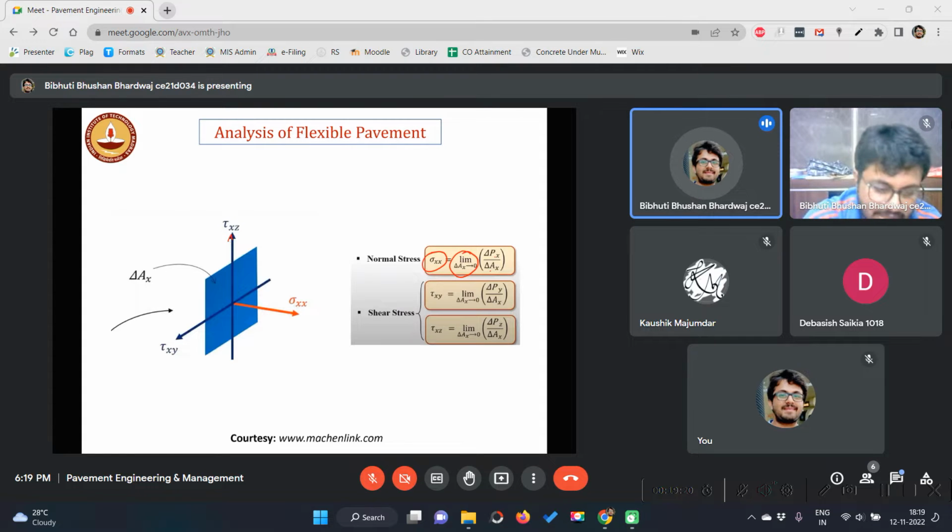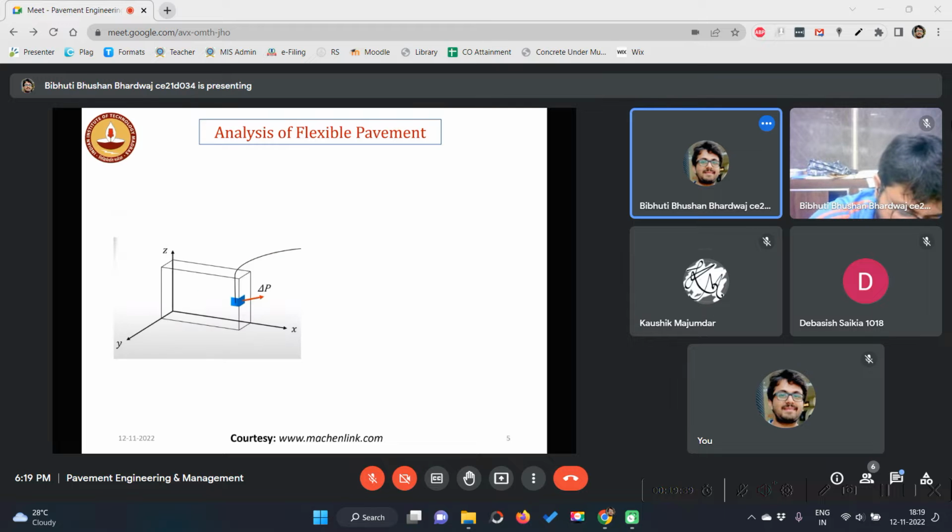Since we are taking an infinitesimally small area, we need to put the limit as delta Ax tends to 0, because this is stress at a point. We cannot take a finite area. So that's why this term is coming. Now understood normal stress and shear stress? Yes, sir.